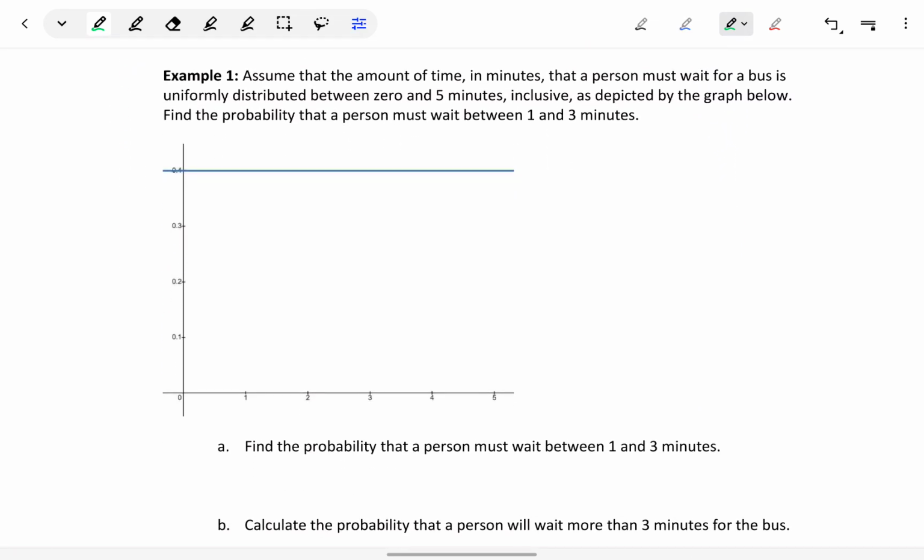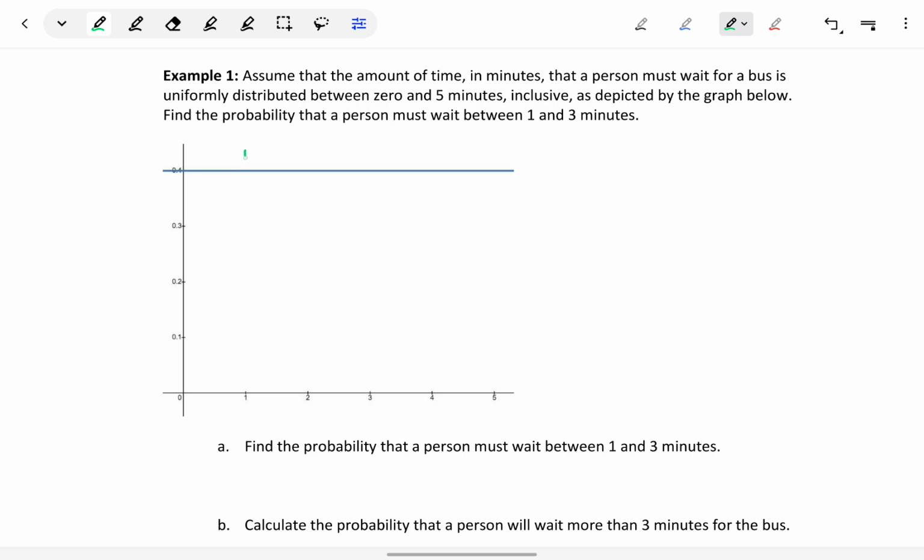We can apply the uniform distribution in example 1, where we assume the amount of time in minutes that a person must wait for a bus is uniformly distributed between 0 and 5 minutes, inclusive, as depicted by the graph below. We want to find the probability that a person must wait between 1 and 3 minutes.